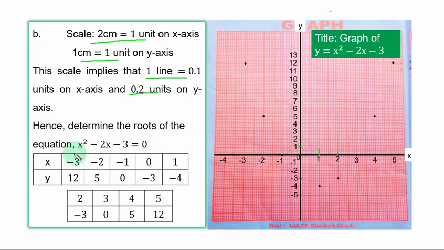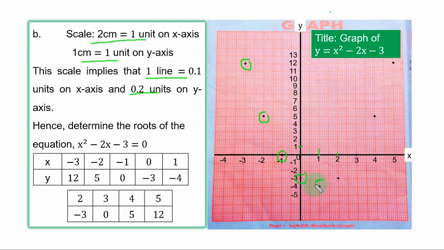The first one, when s is -3, y is 12. So -3, 12, this is the point of intersection. -2, 5, this is the point of intersection. -1, 0. When y is 0, s is -1. You plot that one directly on the x-axis. When s is 0, y is -3. You plot it directly on the y-axis.